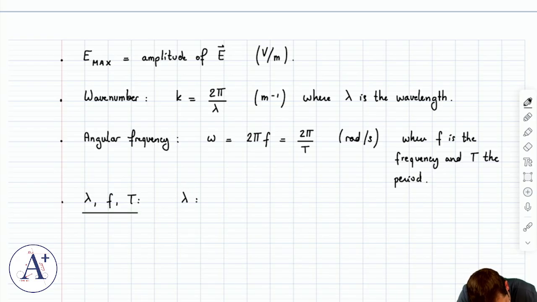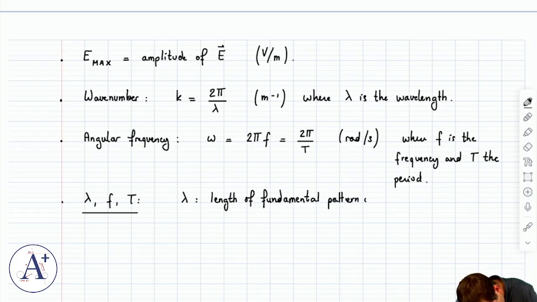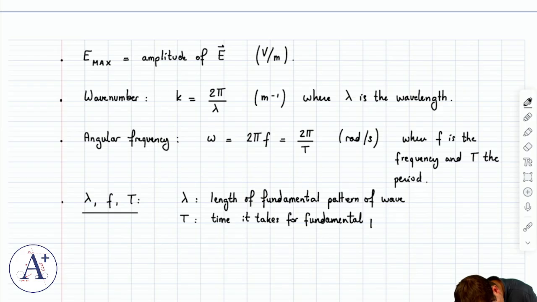Okay, so lambda is the length of the fundamental pattern of the wave. T is going to be the time, or let's say, well, let's do T first. T is the time it takes for the fundamental pattern to repeat.